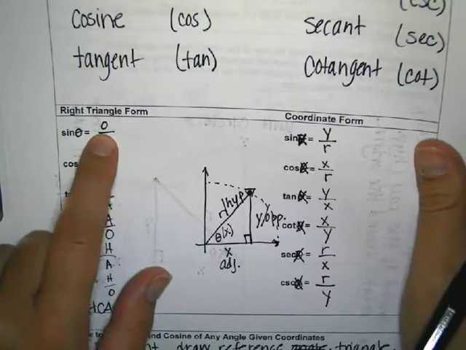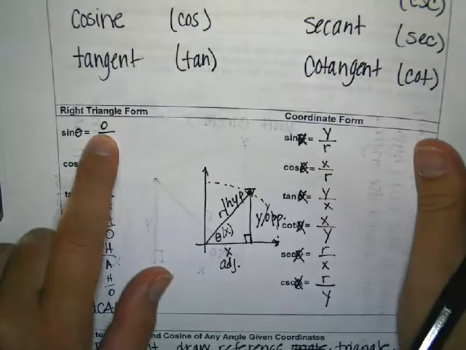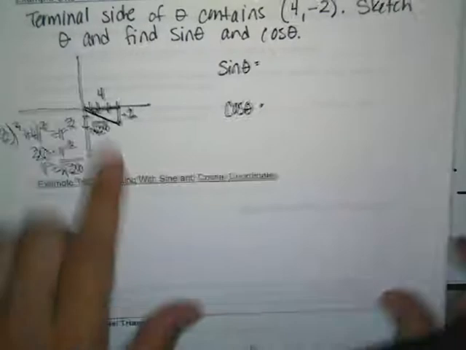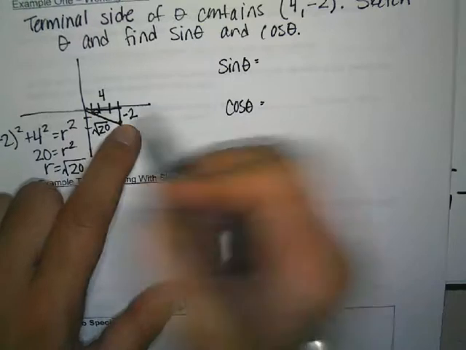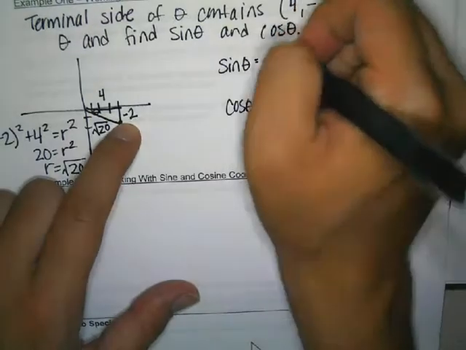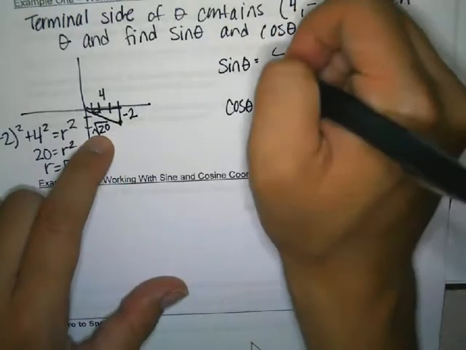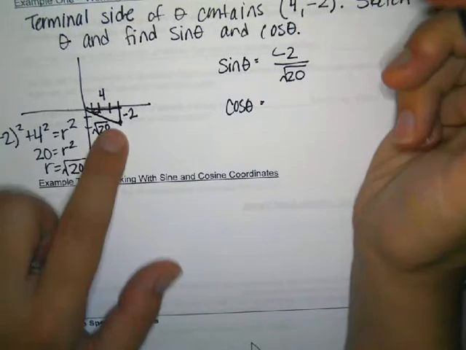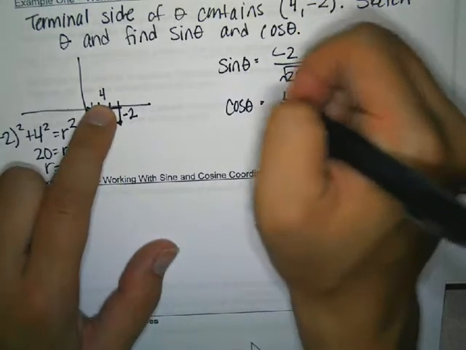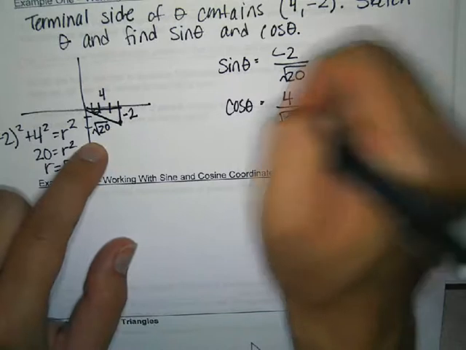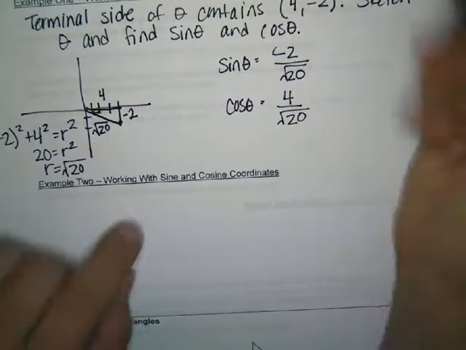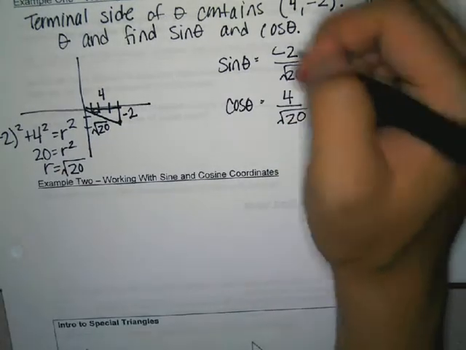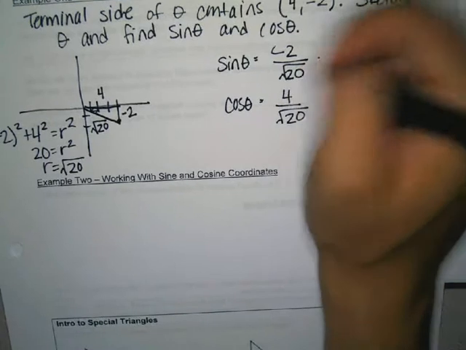If you remember back here, sine is the opposite side from the angle over hypotenuse. So sine will be opposite, -2, over hypotenuse, square root of 20. Cosine is adjacent over hypotenuse. Now, usually your answers aren't written like this. They like to rationalize, so we're going to multiply this by a fancy form of 1.